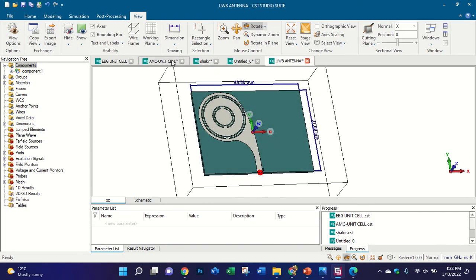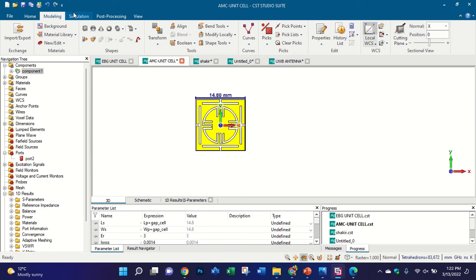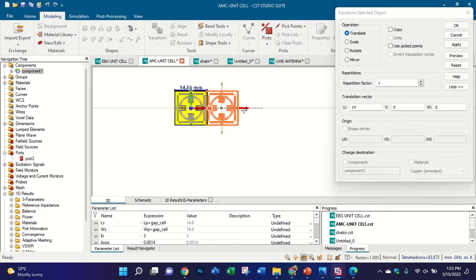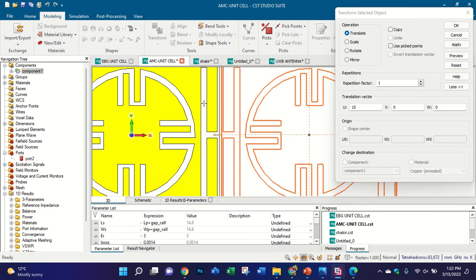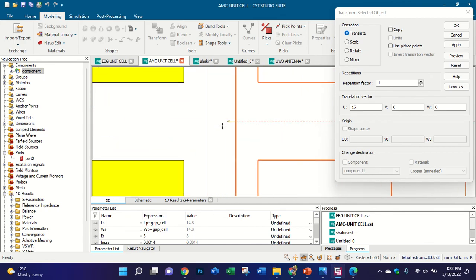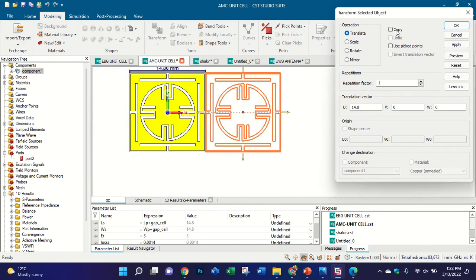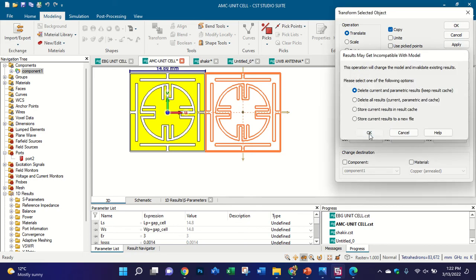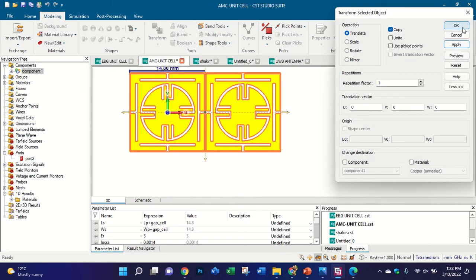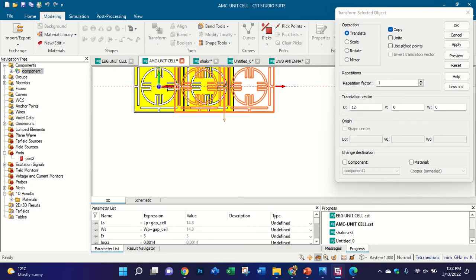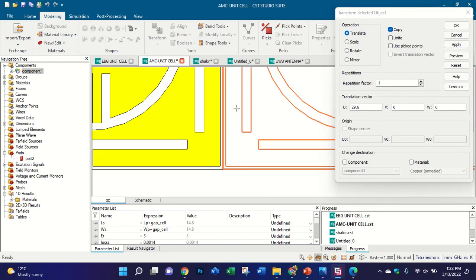Even if you make the array and simulate here, you will get the same results, but it will take more simulation time. Okay, we need 4 cross 4, so we are converting into 4 cross 4. First create the rows.